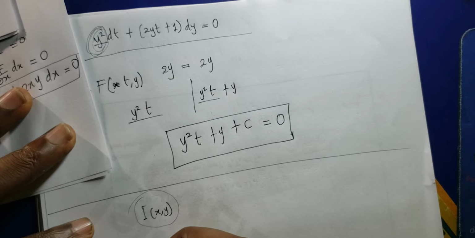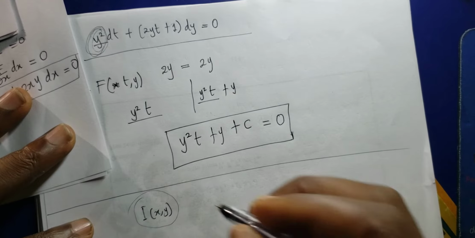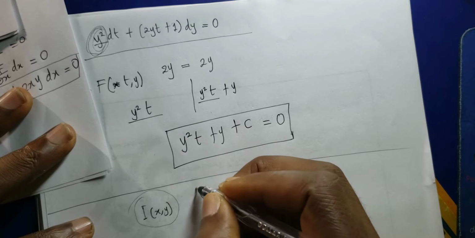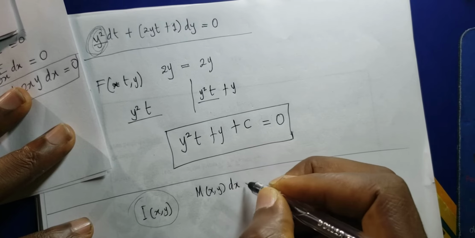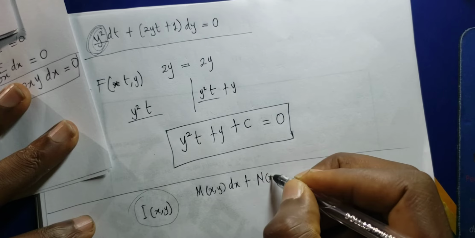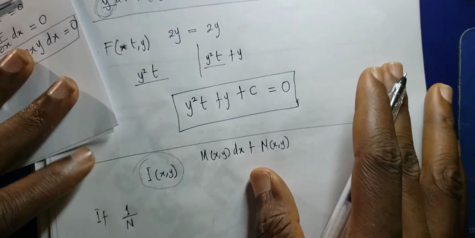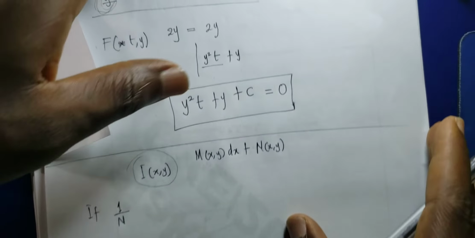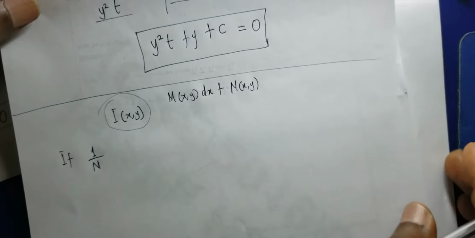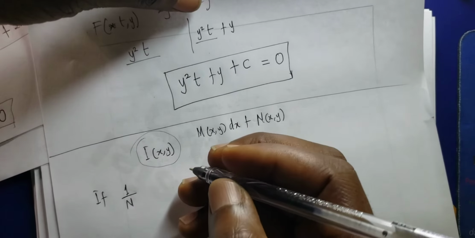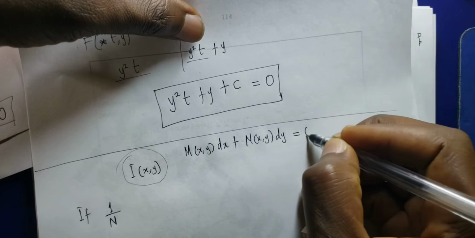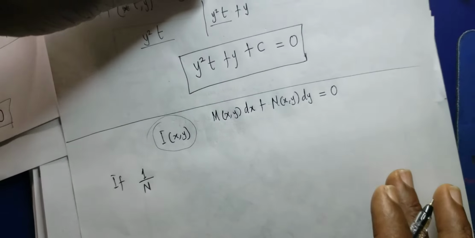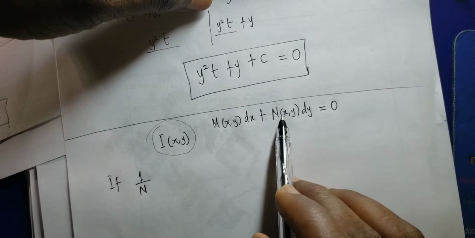Of course you will have the differential equation to be in this form: m of x comma y dx plus n of x comma y dy equal to 0. That's the general form of the differential equation. Now, this is our n, this is our m.